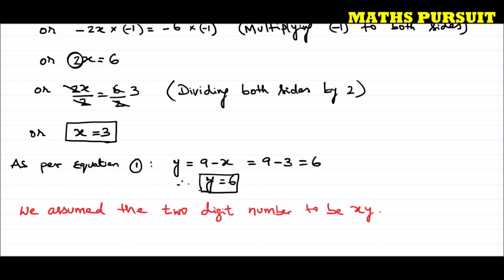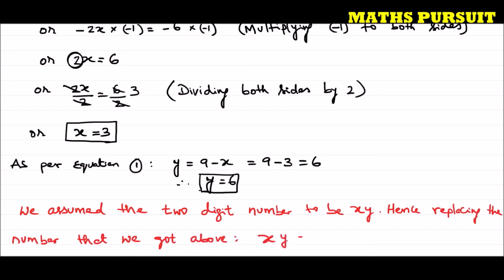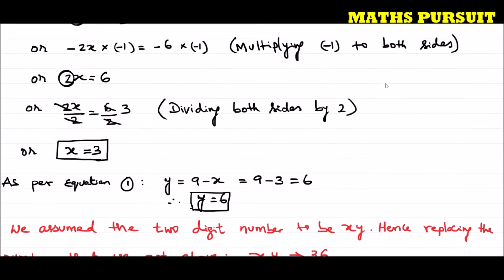Hence, replacing the digits that we got above, xy is 3 6. That means the number is 36.